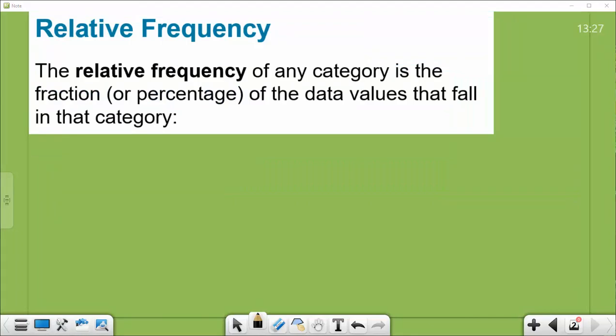And then we have what's called relative frequency. The relative frequency of any category is the fraction or percentage of the data values that fall in that category.